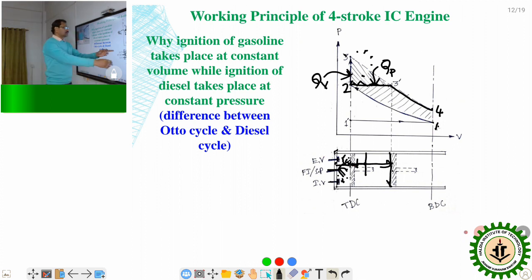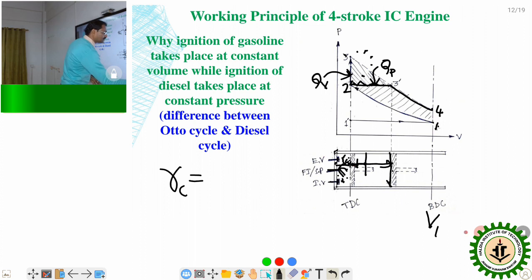What is the compression ratio? The compression ratio, say RC, is equal to the ratio of this total volume divided by this volume. This volume is called VC, and from this end the total volume is V1.